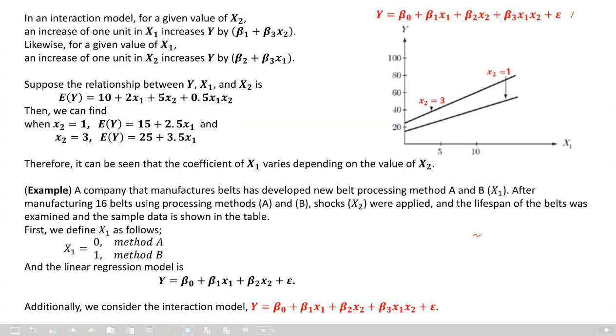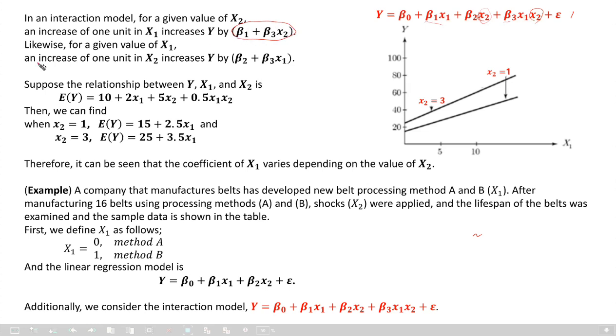In an interaction model, for a given value of x2, an increase of 1 unit in x1 increases y by beta 1 plus beta 3 x2. The coefficient of x1 will be beta 1 plus beta 3 x2, right?